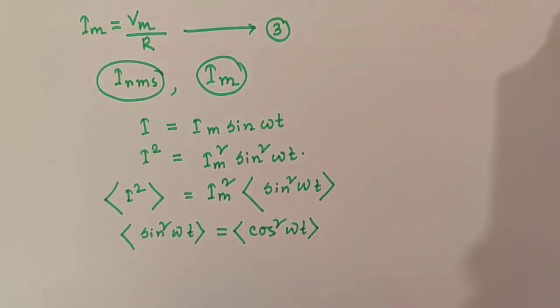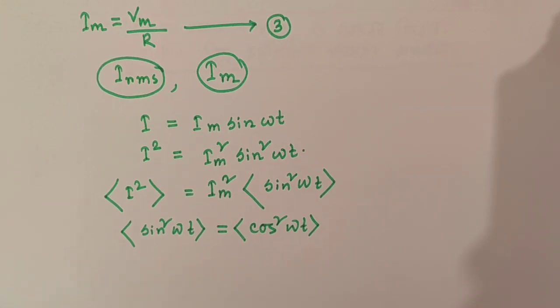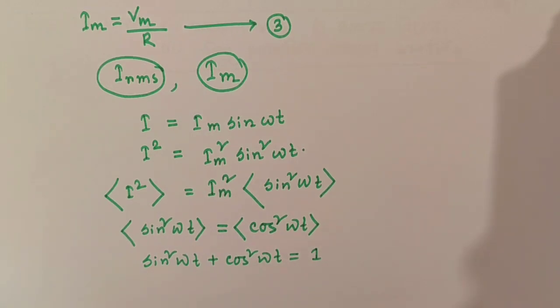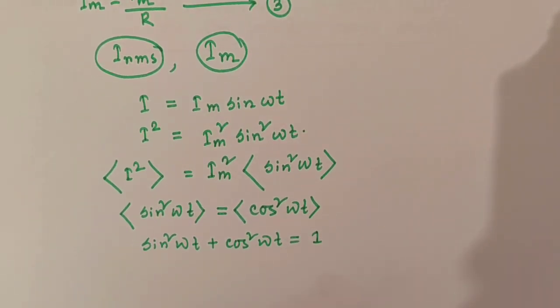Using this relation in the trigonometric identity, sin square omega t plus cos square omega t is equal to 1.